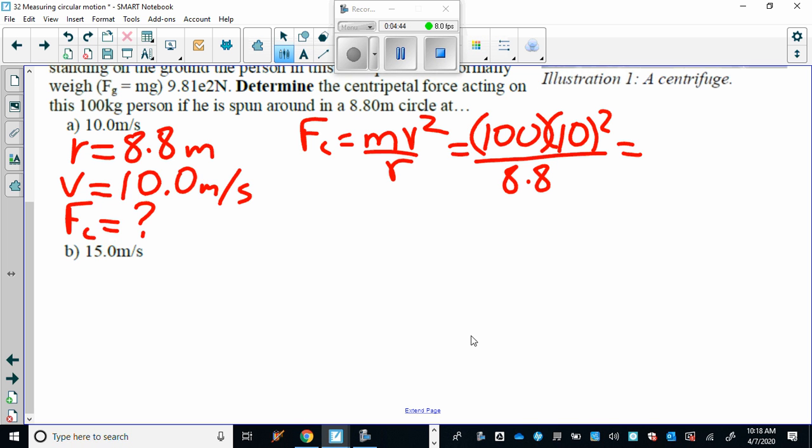Now, what that ends up giving you is an answer of 1.14 times 10 to the 3 newtons. So 1,140 newtons, which is not a huge amount of force.